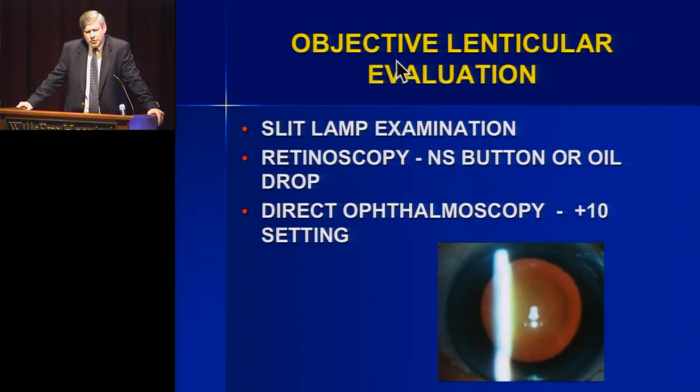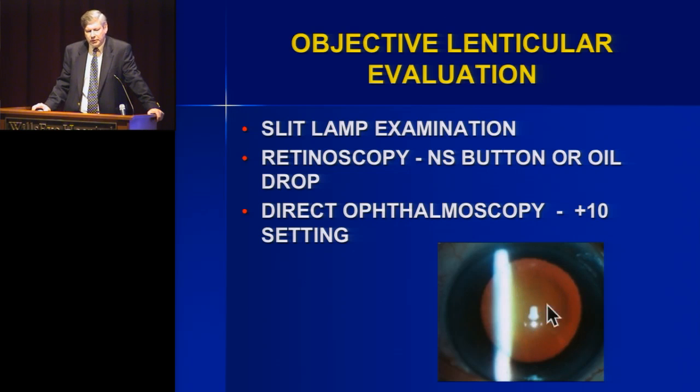Let's talk about objective lenticular evaluation. We do it by the slit lamp, but there can be other clues as well. If you're retinoscoping a patient, or looking with a direct ophthalmoscope because you're in a consult situation, if you put it on +10, you can see what's called the nuclear sclerotic button or oil droplet. This is a slit lamp picture, but it demonstrates what I'm talking about, and you can see this ring right here.